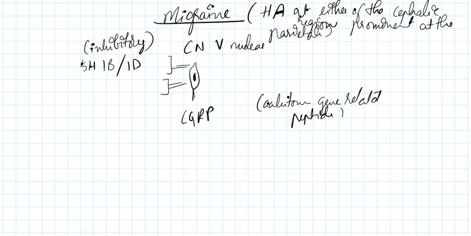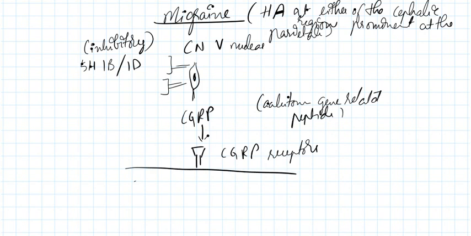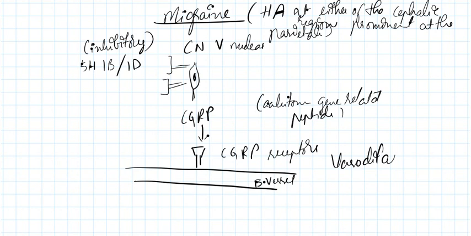Now, this CGRP goes and acts on the CGRP receptor. Where is this CGRP receptor present? It is present on the blood vessel. Now what happens is, when CGRP acts on the CGRP receptor, it causes vasodilation in the blood vessels of the meninges.